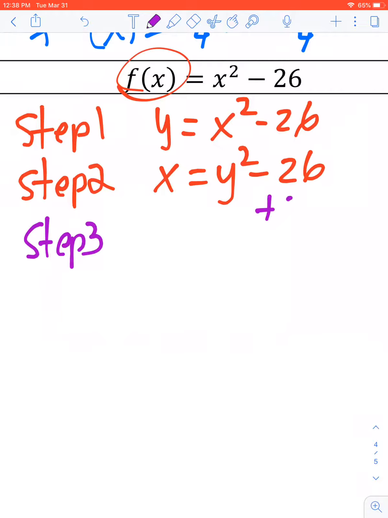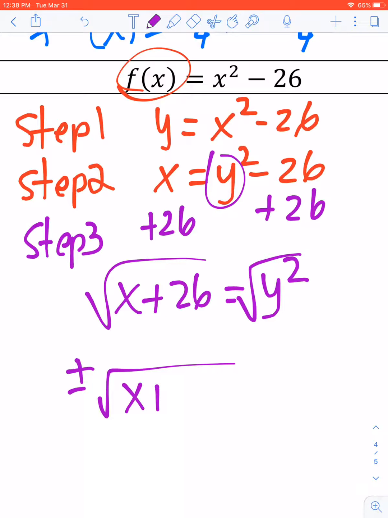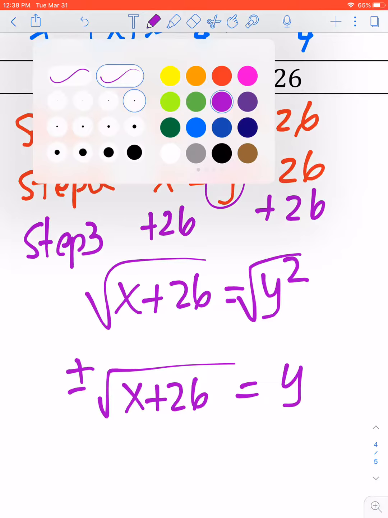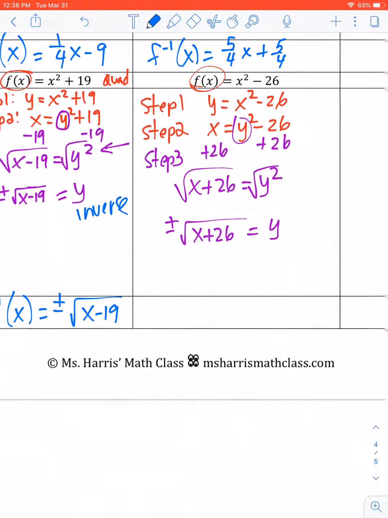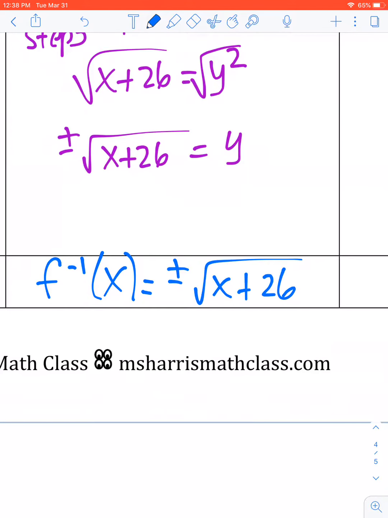I'm going to solve for y by adding 26 to both sides. x and 26 are not like terms. And then we're going to square root both sides, giving me a plus or minus. So I'm going to write my final answer as the inverse of x is equal to plus or minus the square root of x plus 26.